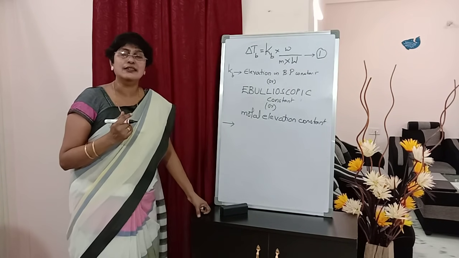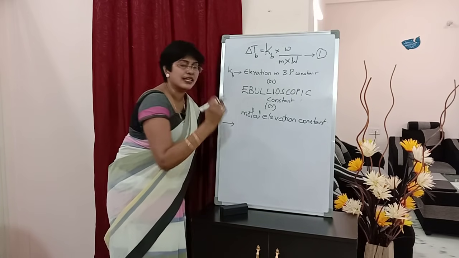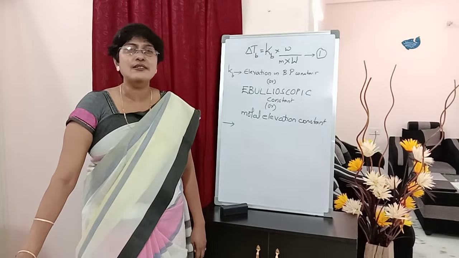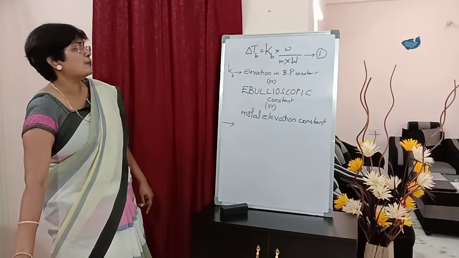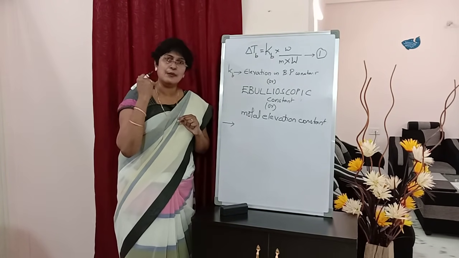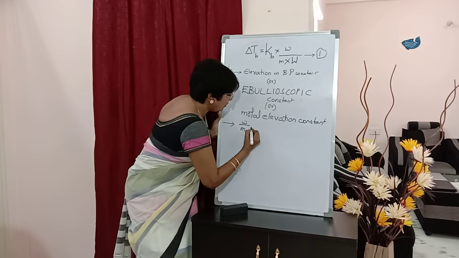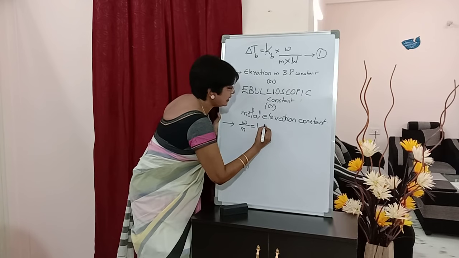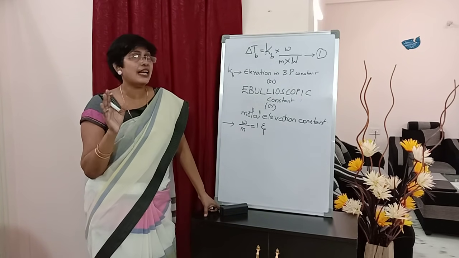Write down here, students. In the above expression, if small w by small m is equal to 1, carefully write down, students.